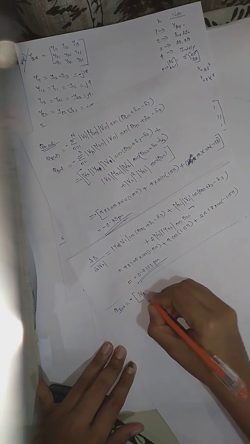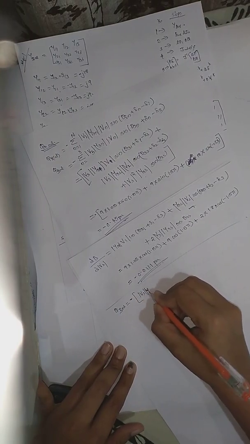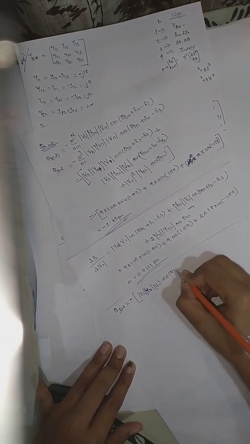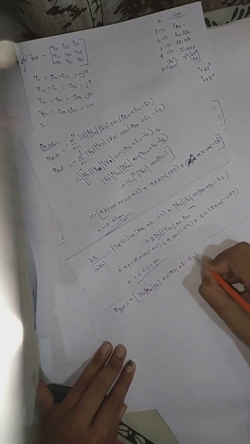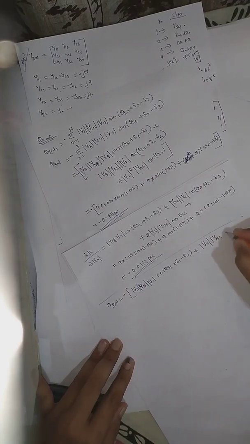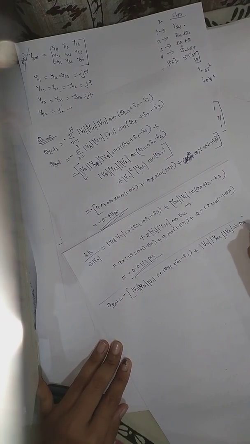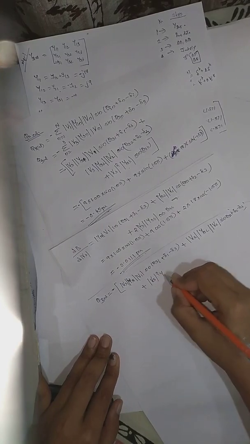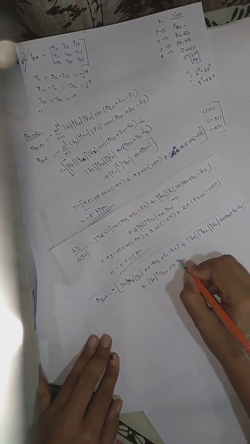That is V3 into Y31 V1 sin(theta 31 plus delta 1 minus delta 3) plus V3 into Y32 into V2 sin(theta 32 plus delta 2 minus delta 3) plus V3 square Y33 sin theta 33. So this is the equation we are using for our Q3 calculated.